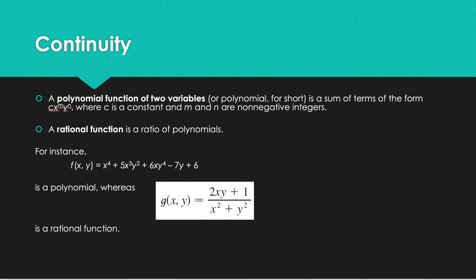So I can look at f of x, y equals x to the fourth plus 5xy squared plus 6xy to the fourth minus 7y plus 6. That's a polynomial. That's going to have a limit I can just plug in to find. But if I look at g of x, y, that's a rational function, and I'm not going to be able to do that because I might get 0 over 0.